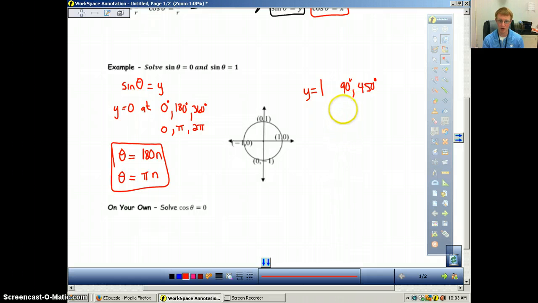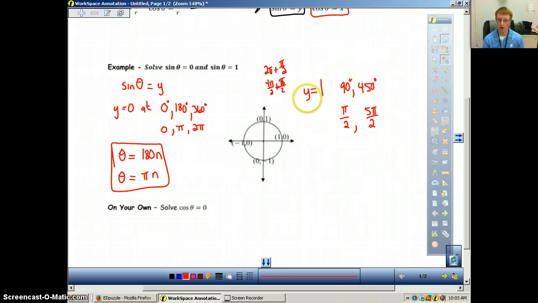And then if we do it in radians, we have pi over 2. And then for our other radian, it would be 2 pi plus pi over 2. Okay, so that means we have 4 pi over 2 plus pi over 2, so we end up with 5 pi over 2.